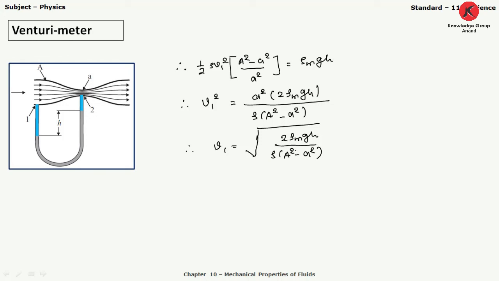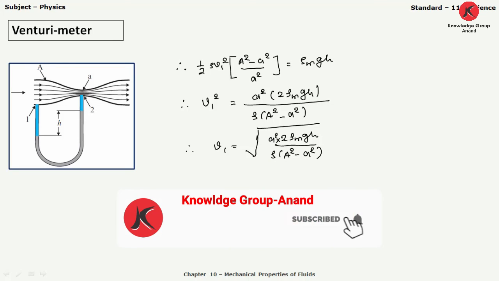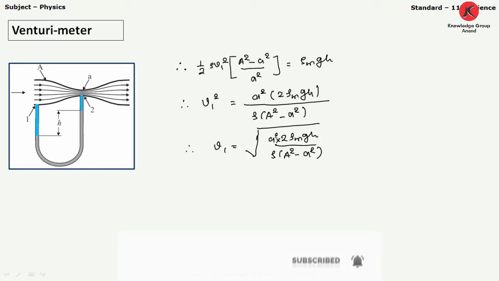So this will be the equation of velocity v1. So here we can write a square over here. So this will be the equation where v1 is the speed of fluid at the wide neck, right? So this is the Venturi meter, and here we have derived the equation for velocity v1.